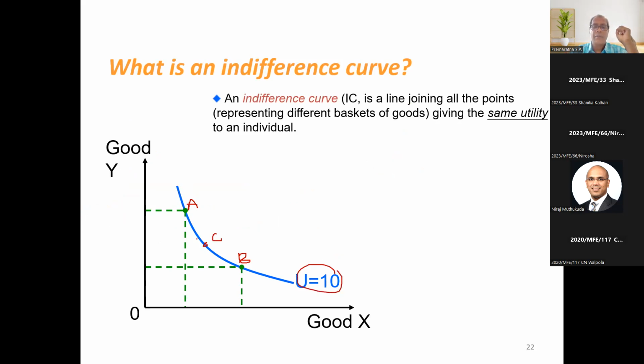That's what we join in those lines. If you draw a line, we call it an indifference curve: the same utility for the individual. So different baskets with the same utility, connecting those points, we draw curves, and those curves we call indifference curves.